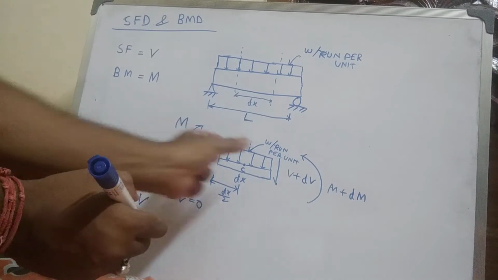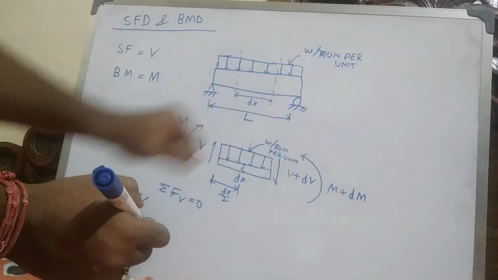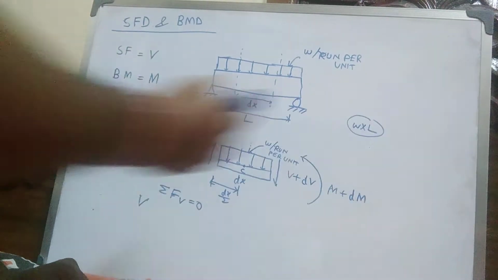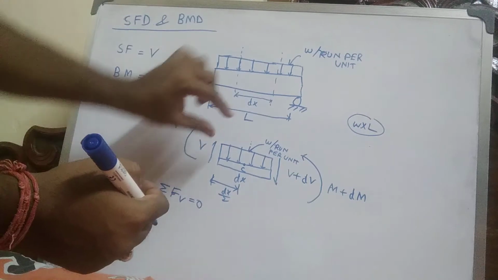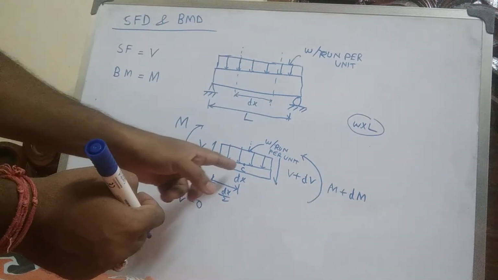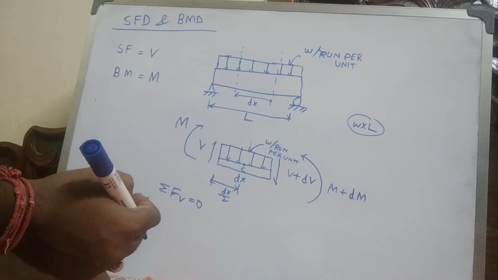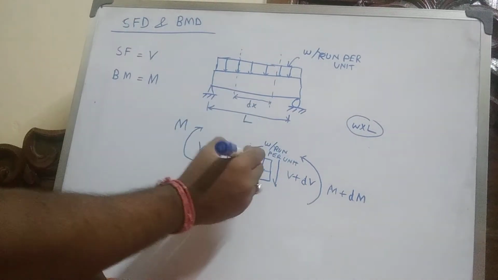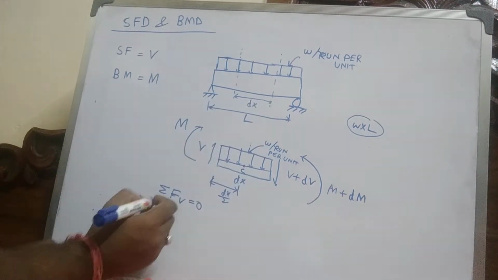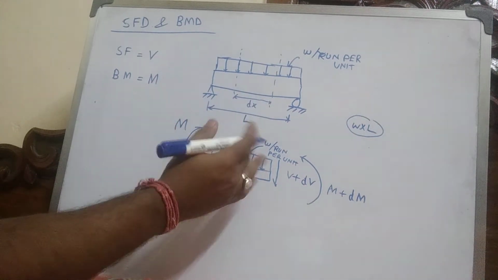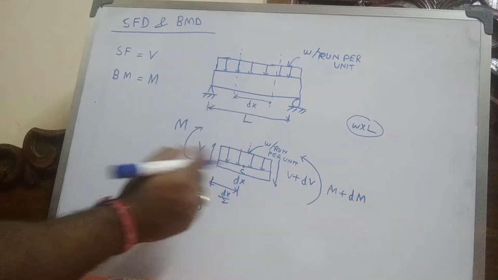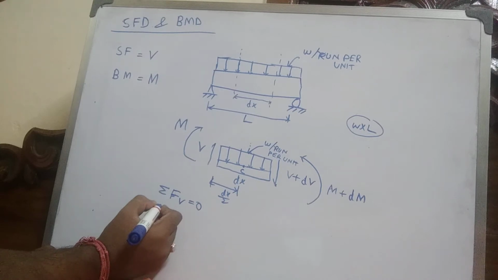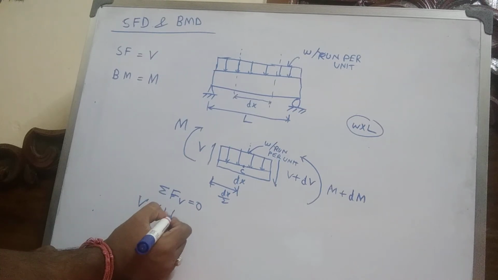Now there is a load: w into length equals load. On this portion the total load is w into dx, acting at the centroid, left side downward negative.